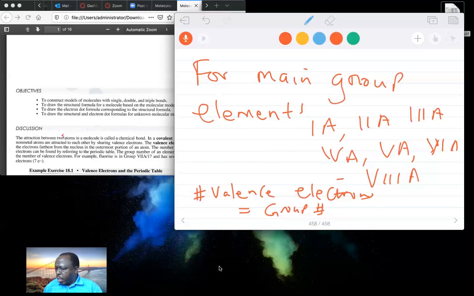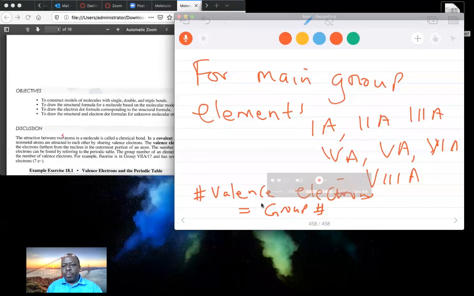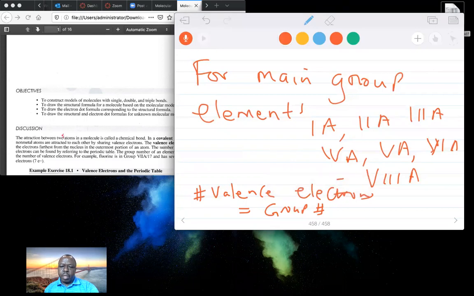For group 1, they will have 1 valence electron. Group 2A, they will have 2 valence electrons. Group 3A, 3 electrons. Group 4A, they will have 4 valence electrons. Then 5A, 6A, 7A, and 8A. Except for helium, the rest of group 8A have 8 valence electrons.